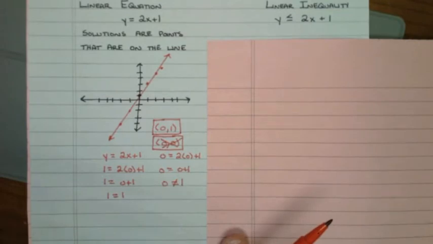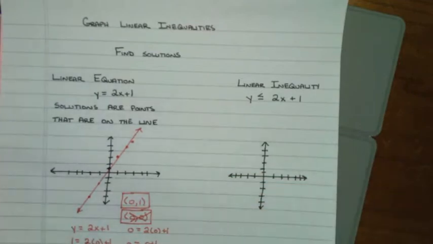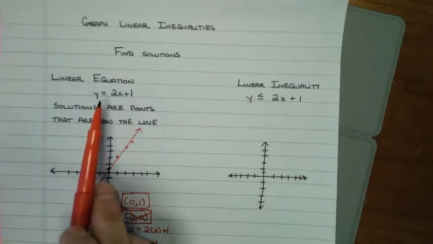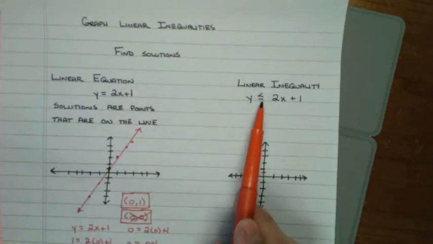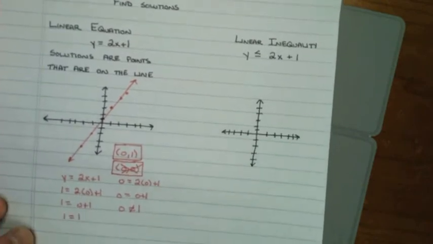When we have a linear inequality, remember, we're going to have to shade somewhere, because not only could the points that are on the line be solutions, but I could have solutions in other areas that are shaded. So what we're going to do is graph this just like we would a normal equation. Even though it has this inequality symbol, we're going to graph it just like we would the other one.